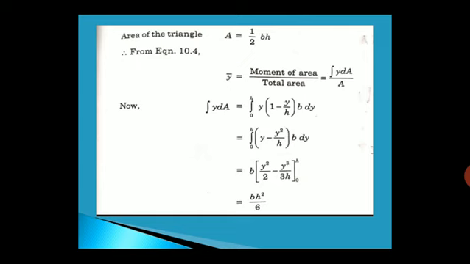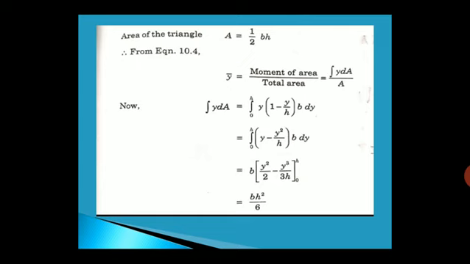So here why we have taken h is we are locating the element in the horizontal direction and its height is taken with respect to the bottom or the base of the triangle. Hence we are taking the variations along the height of the triangle, which varies from 0 at the base to h at the top.